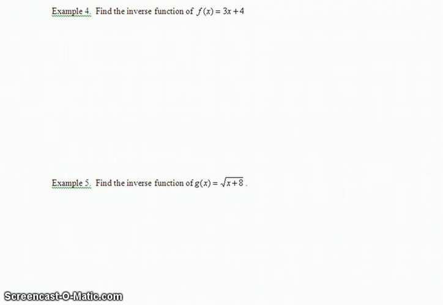All right, let's take a look at example 4. We have f of x equals 3x plus 4. Step 1 said replace that f of x with y, so y equals 3x plus 4. Next, switch x and y, so x equals 3y plus 4. And the last thing we have to do is solve for y. So I'm going to subtract 4 from both sides.